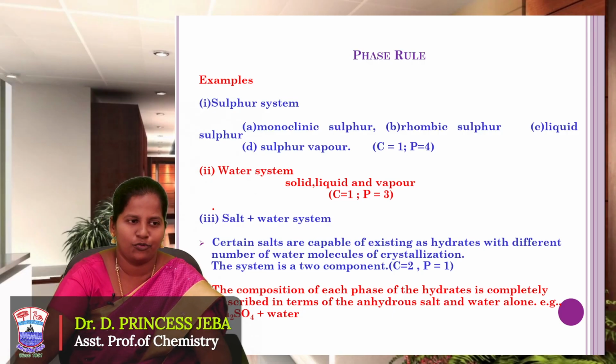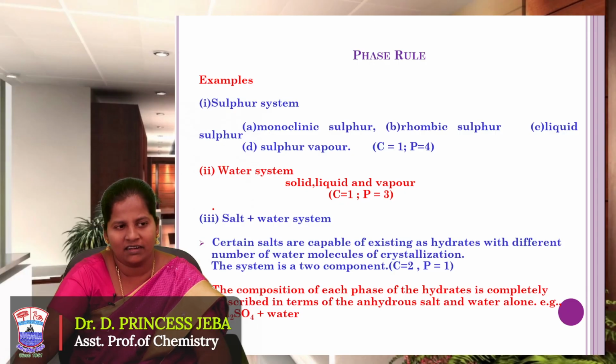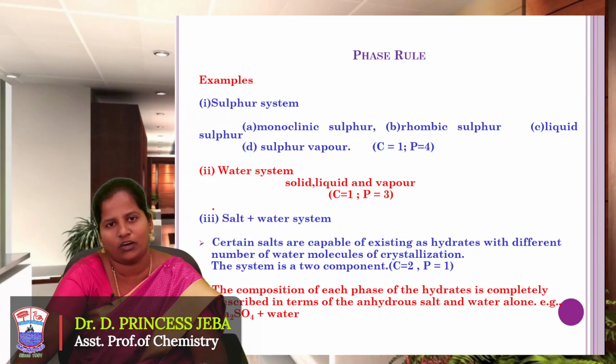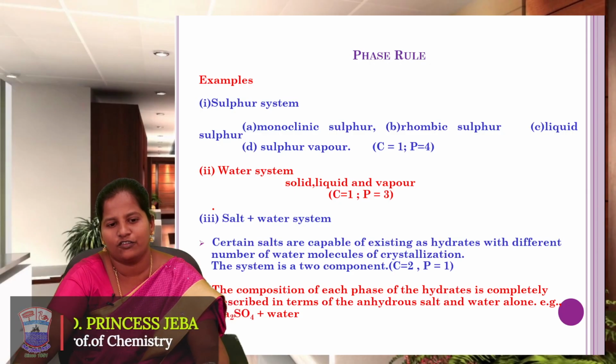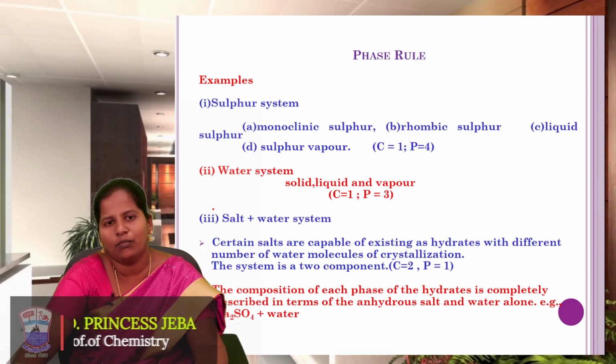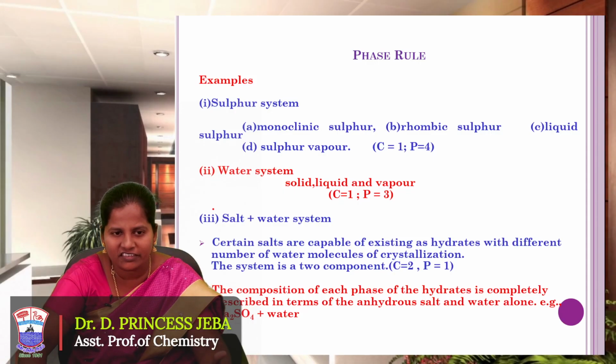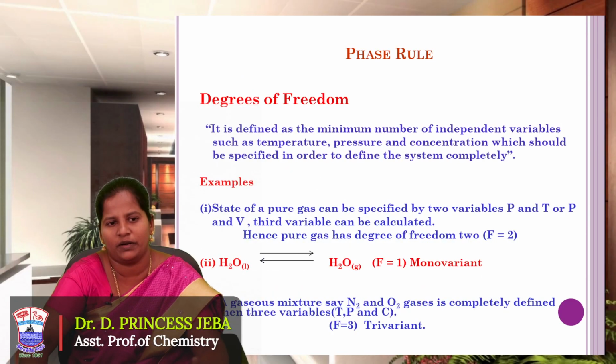Sodium sulfate 7H2O, sodium sulfate 5H2O, and sodium sulfate exist as different types of hydrates, but each hydrate corresponds to a particular component, because in each hydrate the number of water molecules differs. So they exist as different components, whereas the number of phases is equal to 1, because the compound is in the solid phase. So this is the definition and example for the number of components.